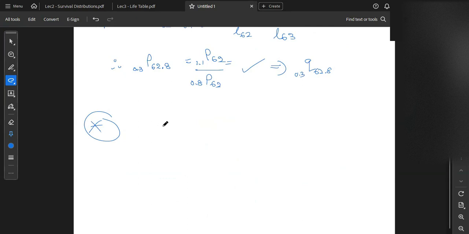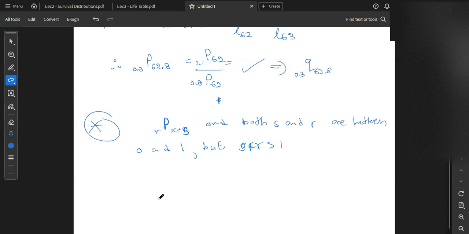And in general, I can write down a new equation for this case. If we want to find the survival probability of a fractional age like this, suppose this is S and this is R, and both S and R are between 0 and 1, but S plus R is greater than 1.